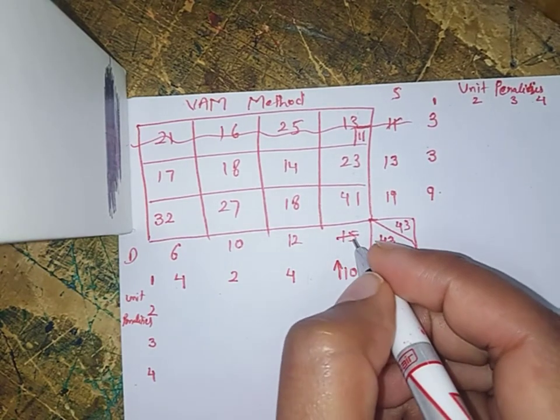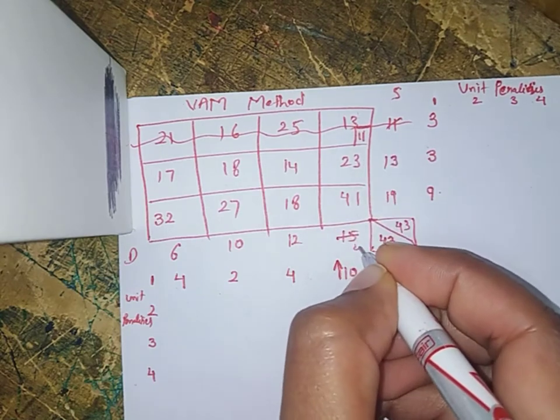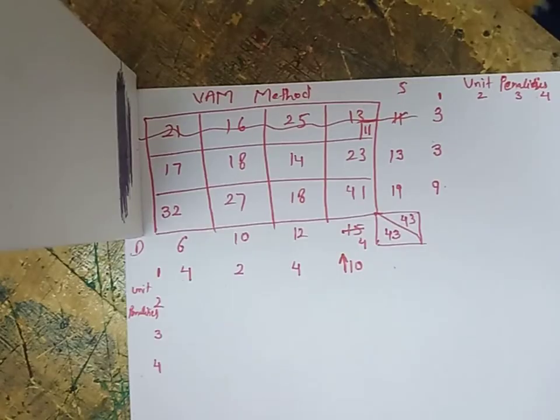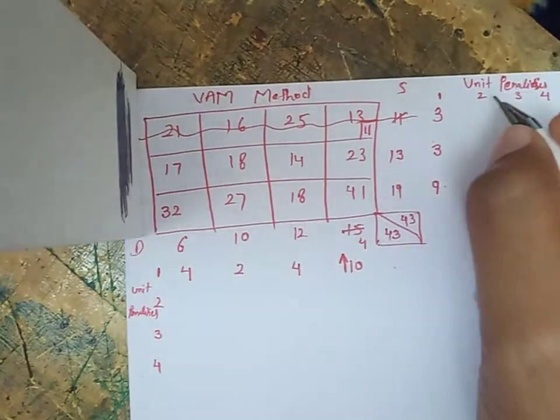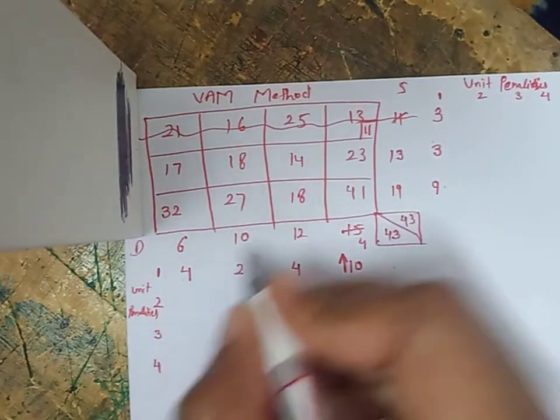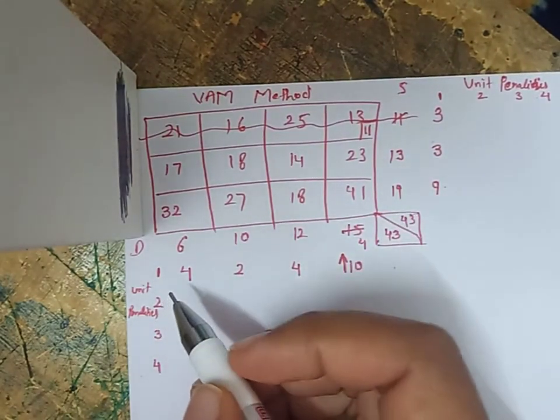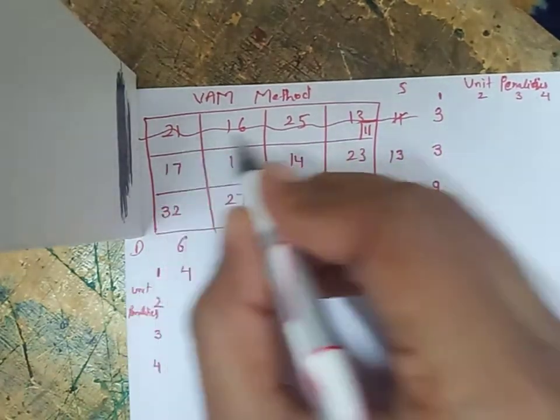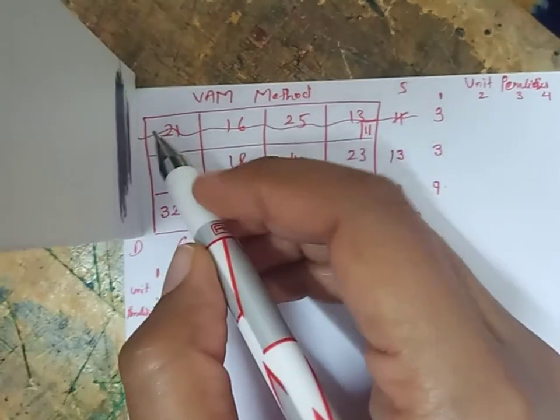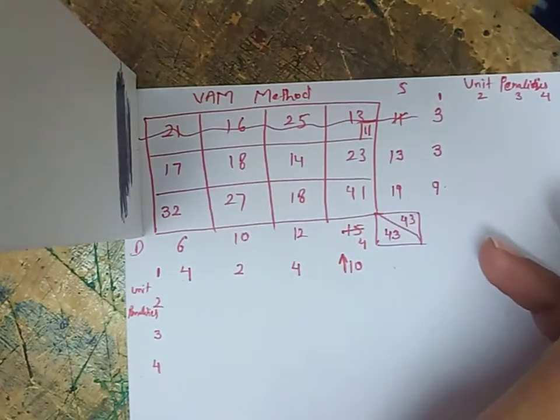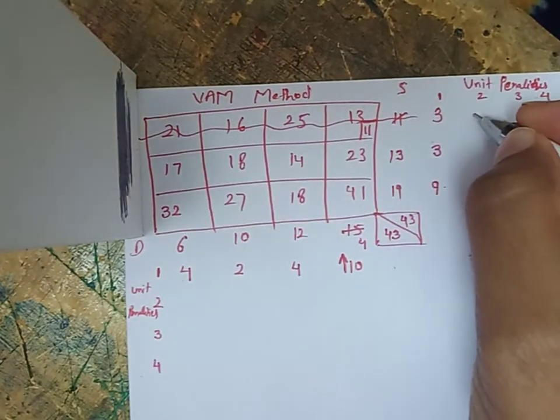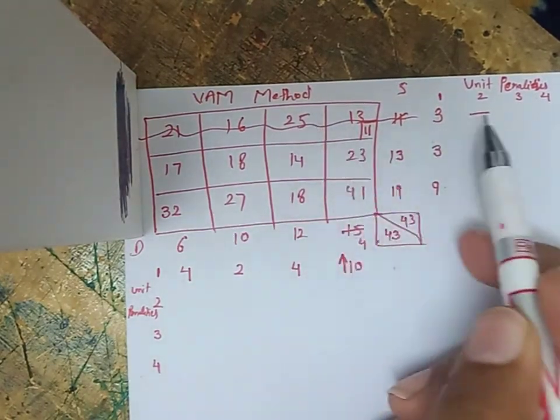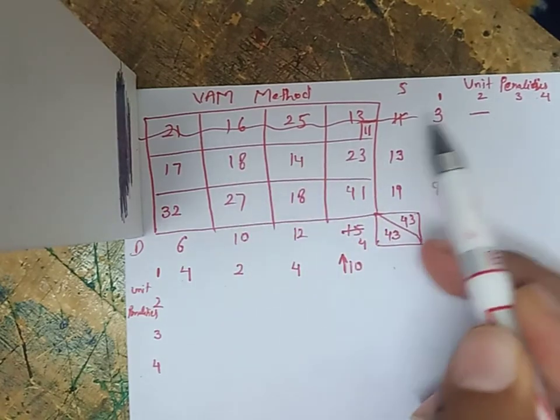It is 15 minus 11, 4. We will calculate unit penalty 2 on both sides. We will not consider that row which is exhausted or fully satisfied and we have cancelled, okay? So there will be no unit penalty for this row.